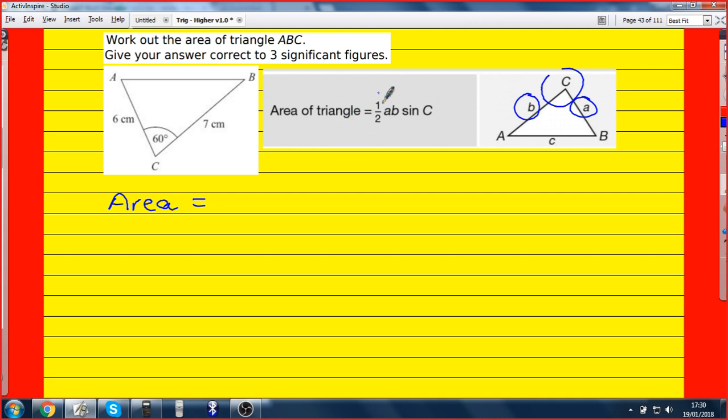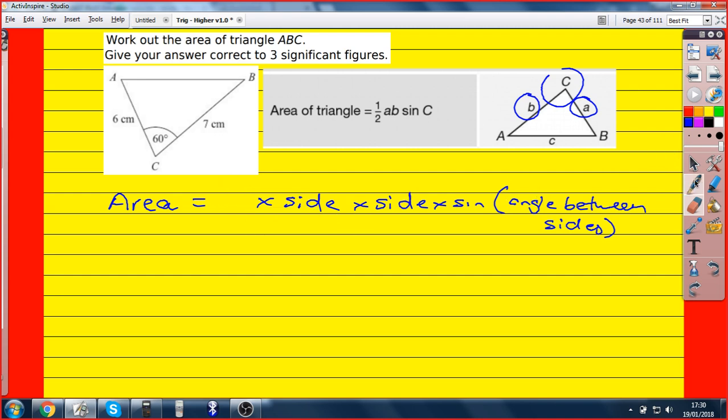So it's just a half times a side times any other side times the sine of the angle between the two sides. Okay, what half? What do you mean by half? Like 0.5.